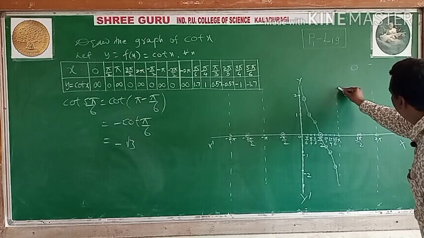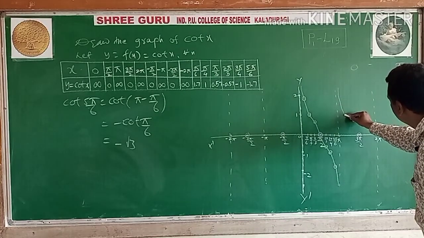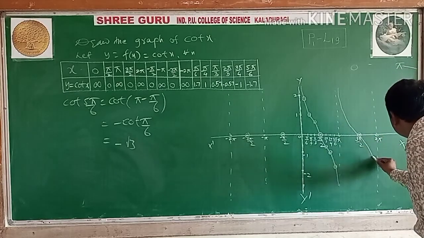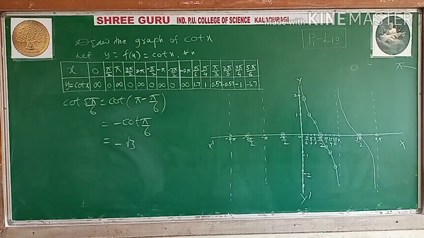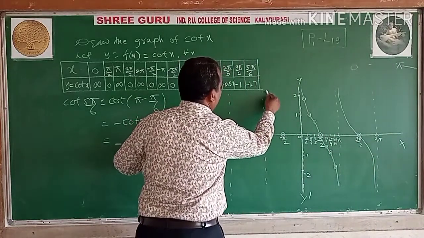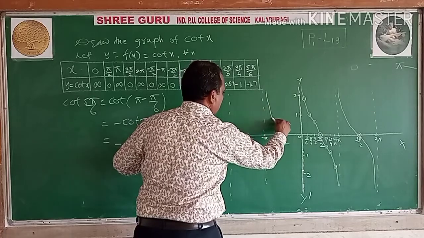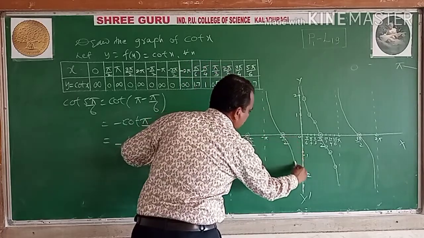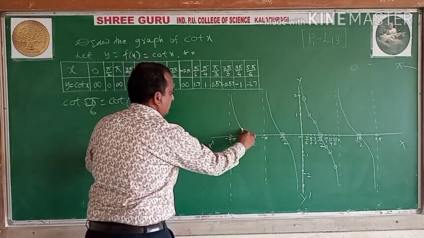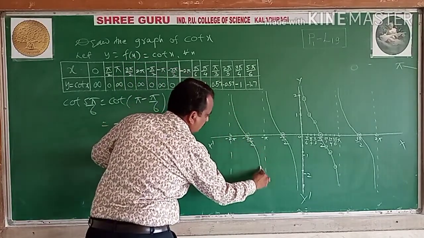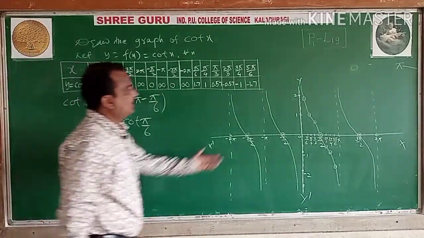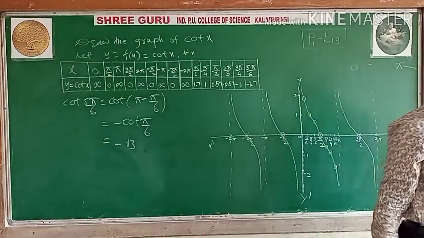Similarly here I will draw the graph, reverse type it is, of whatever we have taken for tan. So this is the graph of the cot x here.